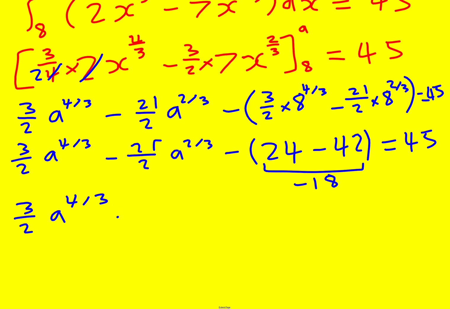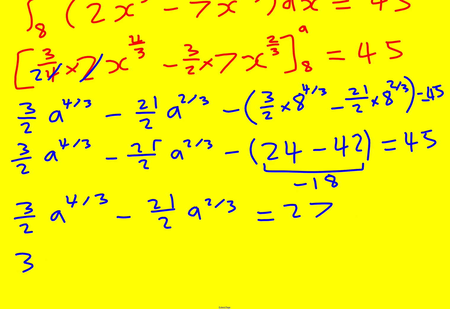Yeah, this is fine. Sorry, I just thought I'd made a mistake then. Okay, so I'm going to get plus 18. Then I'm going to do 45 minus 18. And that's going to give me 27. I don't know why I did it on the right-hand side, actually. I think I'm going to be bringing it across, but hey, I've done that.